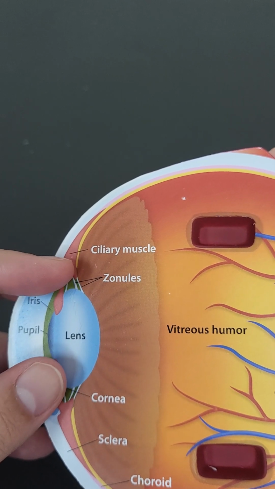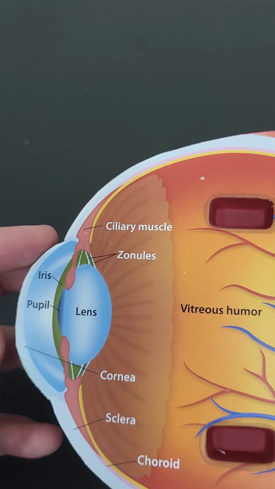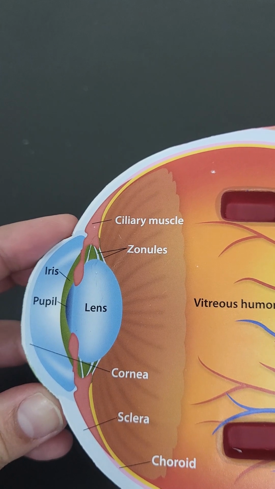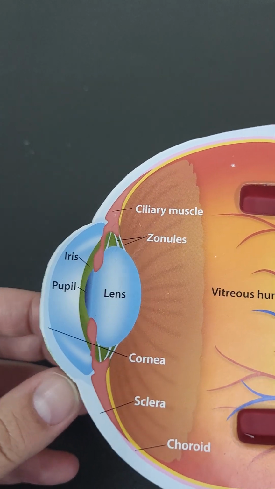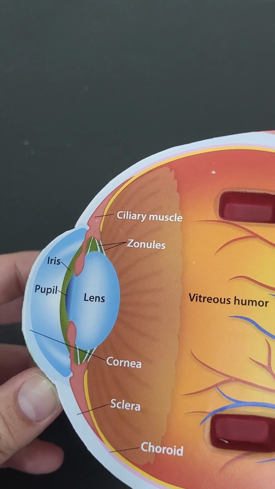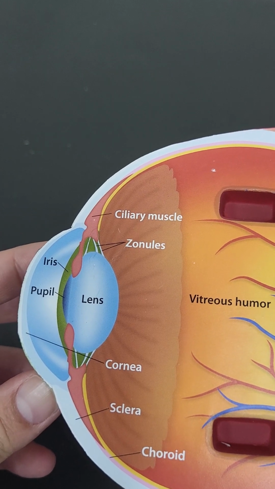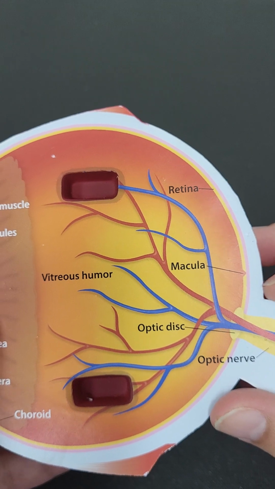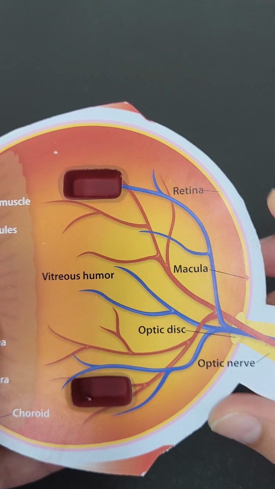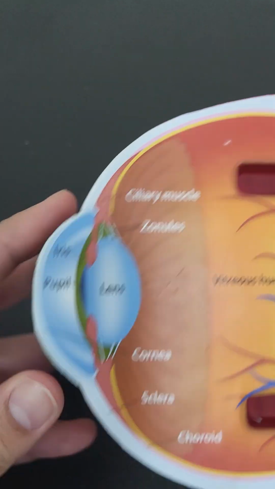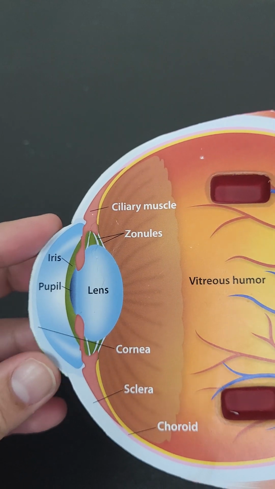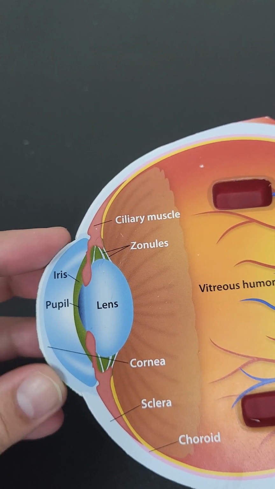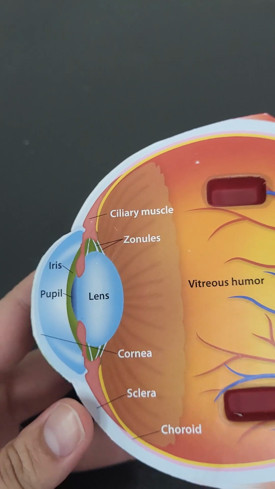My pupils do get a little smaller because I am also sensitive to light. It's a hard life. I've got to have enough light to be able to see something, but I also can't have too much light because, again, my photoreceptors are like, oh my gosh, that's way too much for us to handle. And so my pupils are not always dilated or contracted the same way everybody else's are.